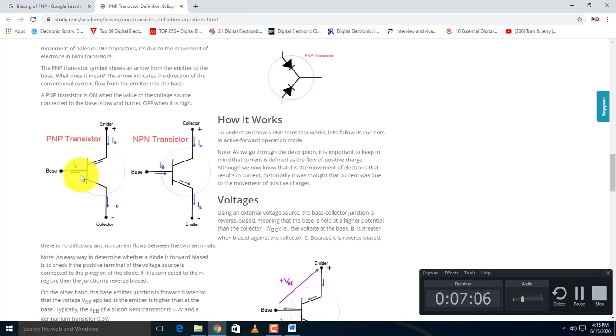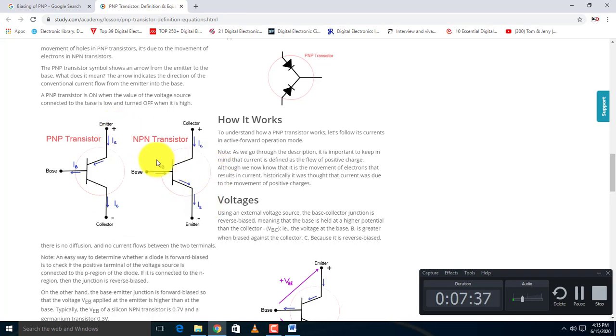So if it is PNP, then this terminal must be positive, and that is the common terminal, the ground terminal. And collector must be reverse biased. That's why if this is the P terminal and this is negative, then it becomes reverse biased. So you can see that here the emitter is positive.